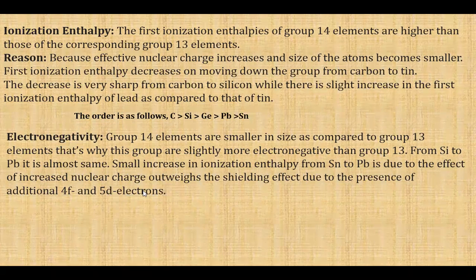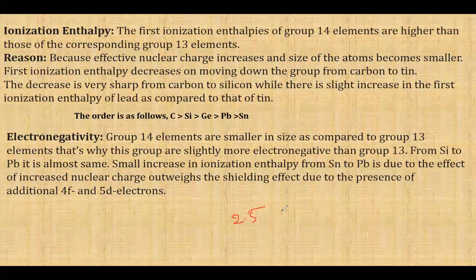What are the Linus Pauling electronegativity values for group 14? Carbon 2.5, silicon 1.8, germanium 1.8, tin 1.8, lead 1.9. So almost the same electronegativity.